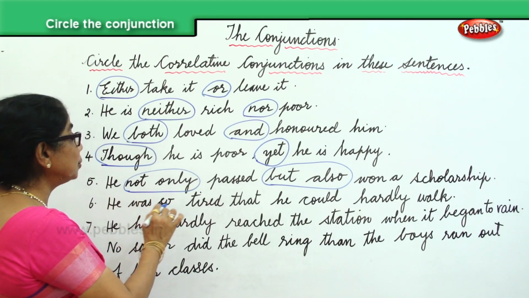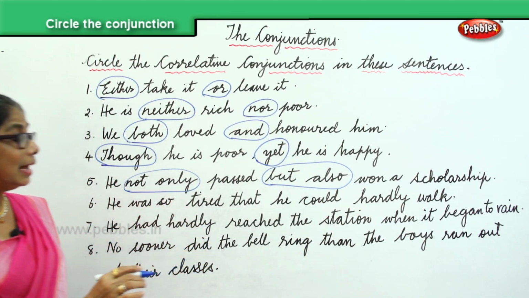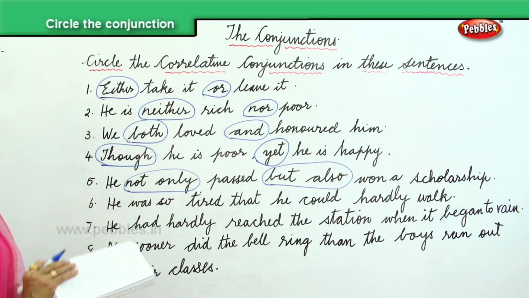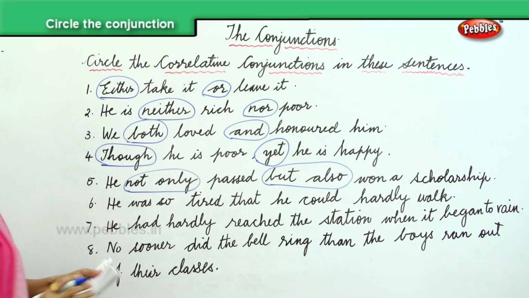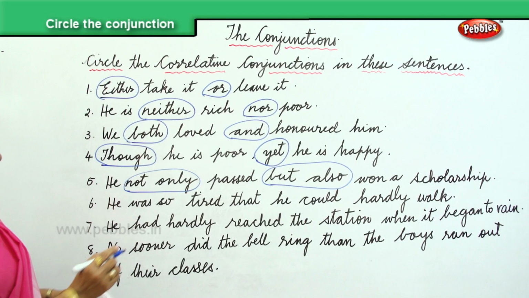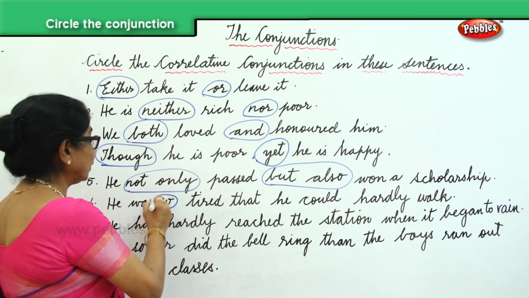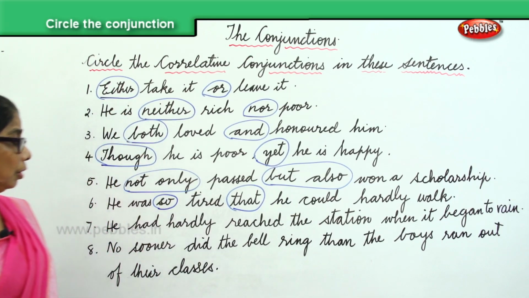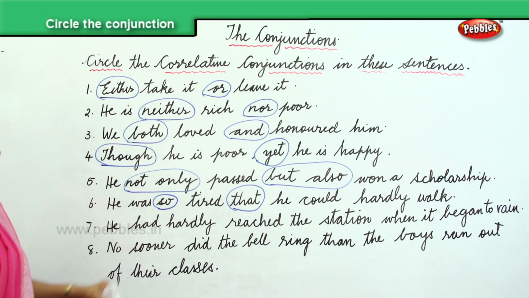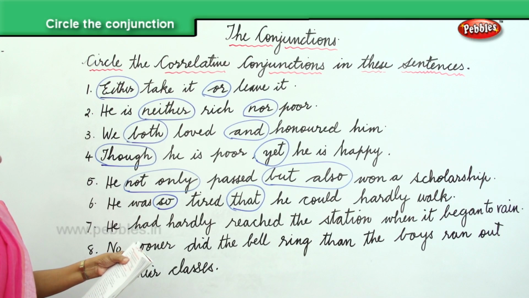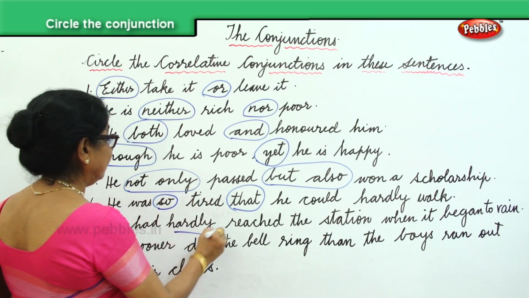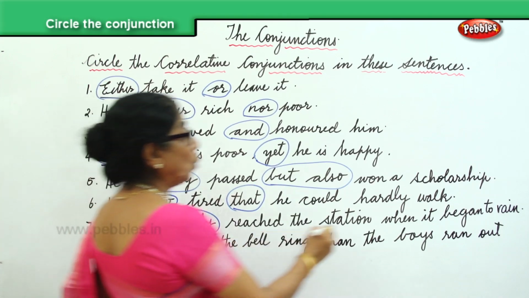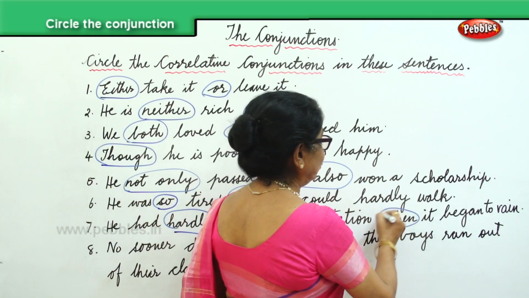He was so tired that he could hardly walk. So, that. He had hardly reached the station when it began to rain. Hardly is the first one, when it began to rain.